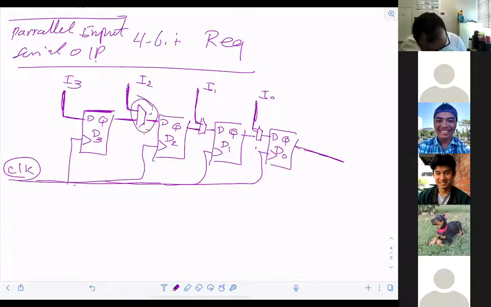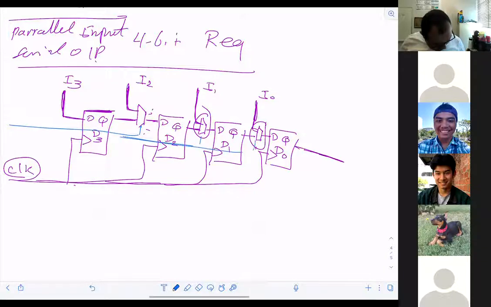So this is the mux, this is the mux, this is the mux. Or we can put a combinational circuit. It's up to you, because a mux is a combinational circuit, right? You can put gate levels. Then how are we gonna make it work? You will just say here selector. Same selectors, select, right?